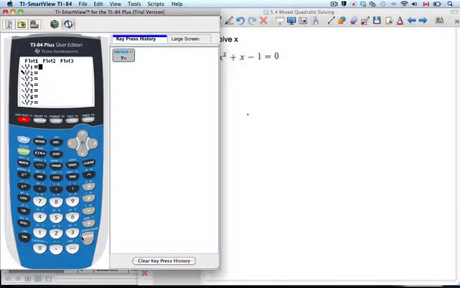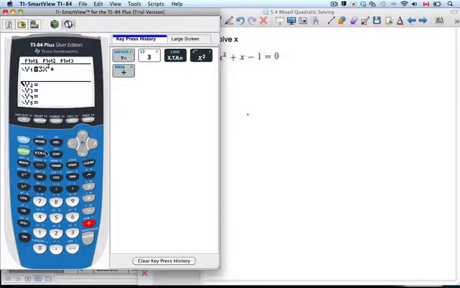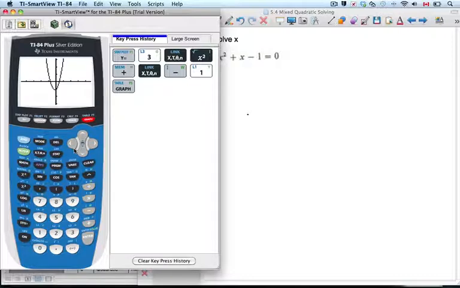So we'll just go y equals 3x squared plus x minus 1. And let's graph it and see what it looks like before we get into it. All right, so there we go. So we know our solutions are going to be somewhere right here and somewhere right here.